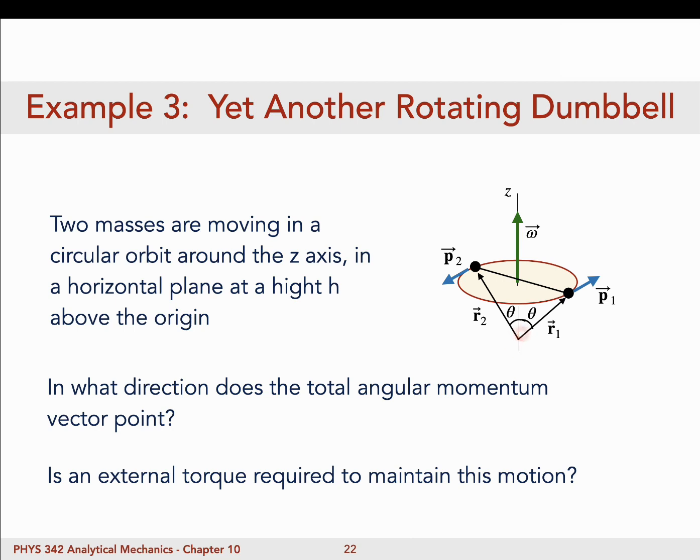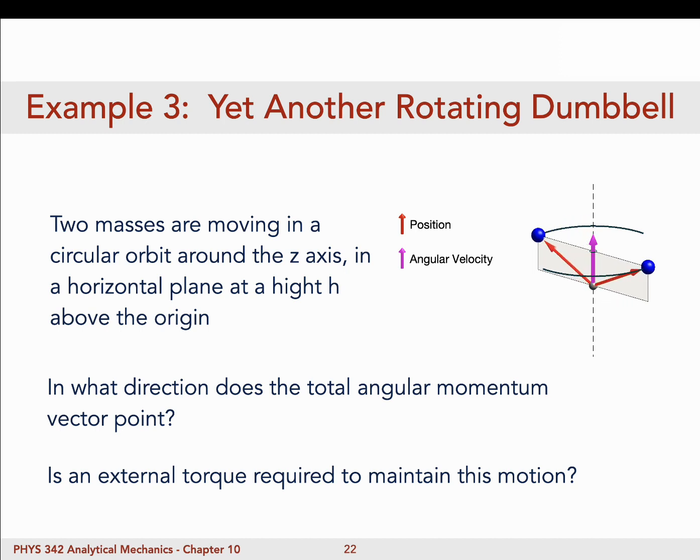So our position vectors are angled up like before, but these things are both on the same plane tracing out this circle. So the question is, in what direction does the total angular momentum vector point? And is an external torque required to maintain this motion? See if you can figure this out, and we'll talk about this example in class.